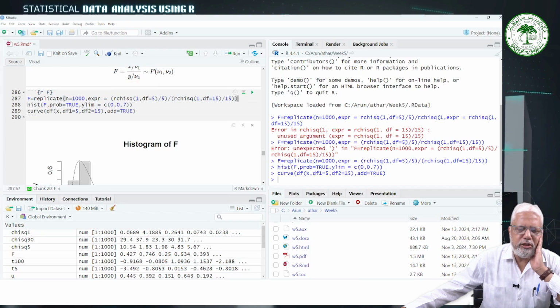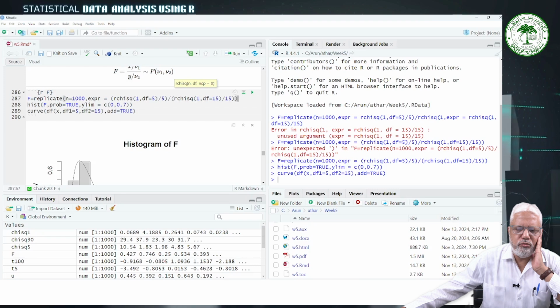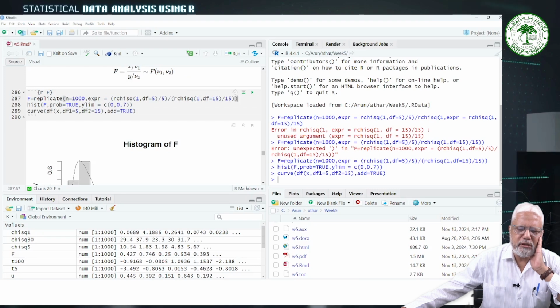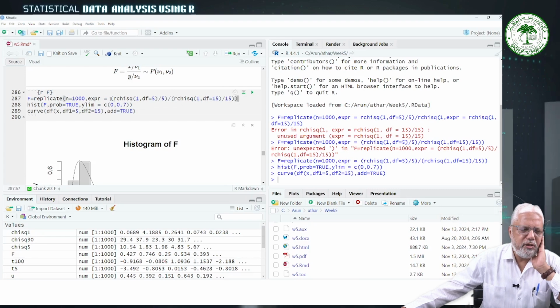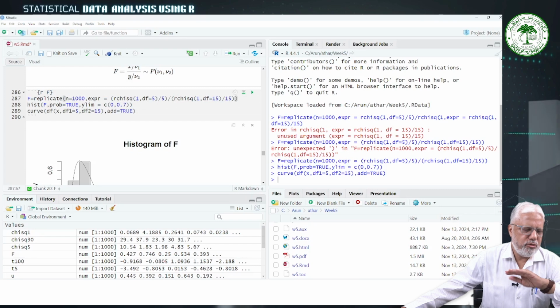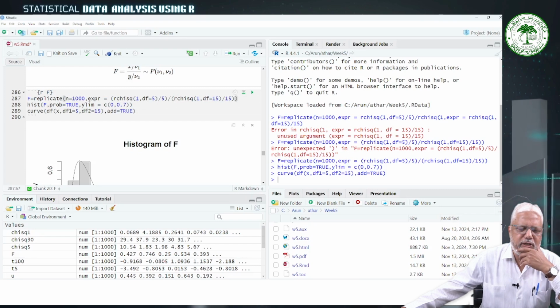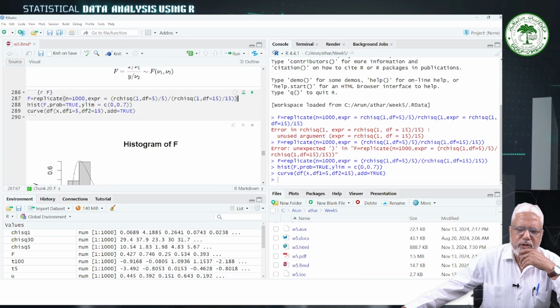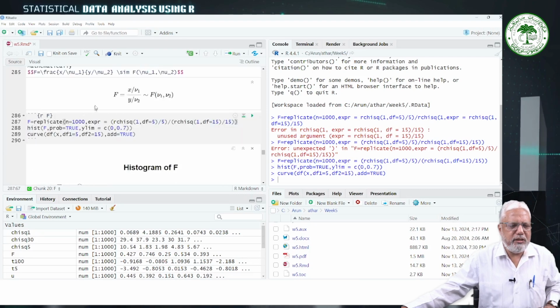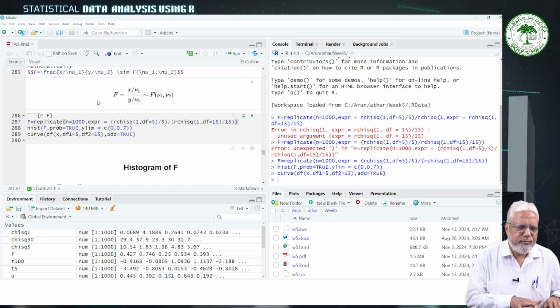In the denominator also rchisq, 1 observation with degrees of freedom 15, divided by 15. This expression is computed 1000 times, so it generates 1000 random deviates, and then we make the histogram and get a curve.